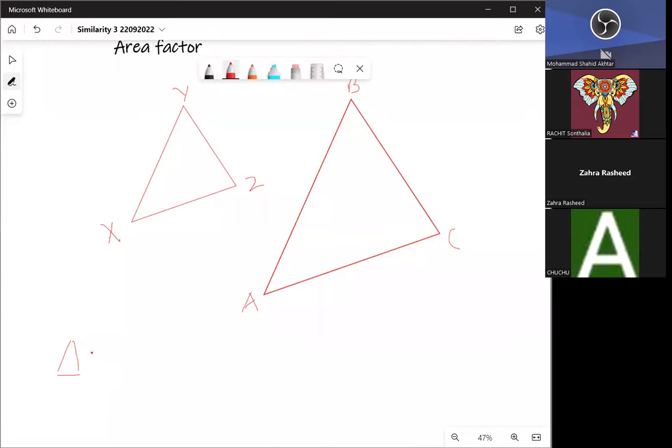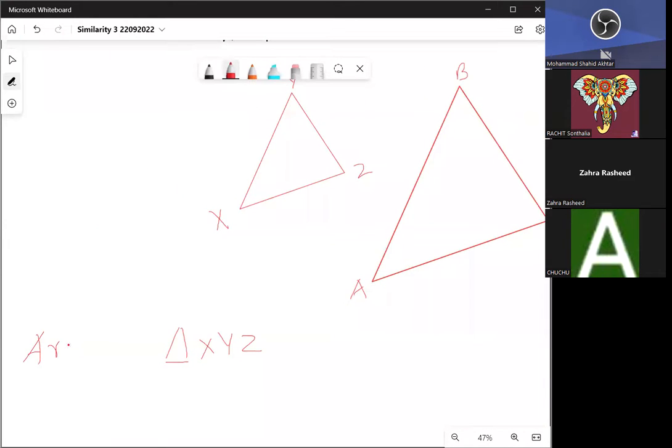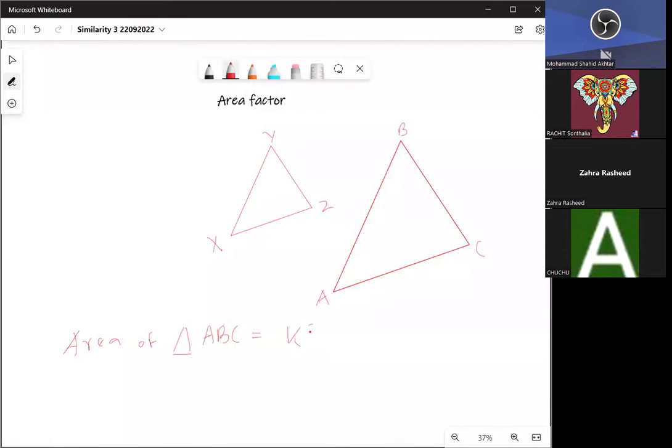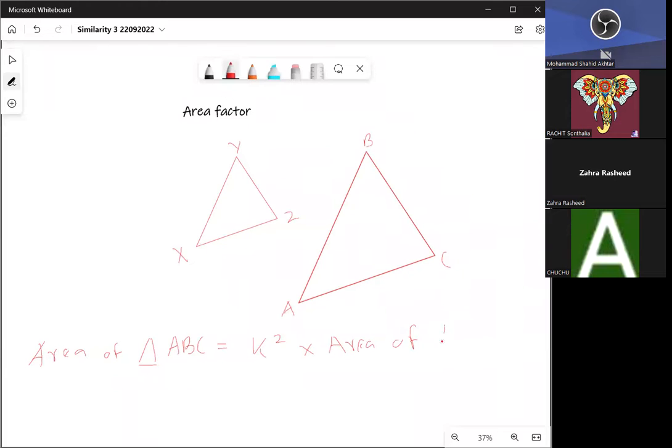So the area of triangle ABC must be equal to K squared times the area of triangle XYZ.